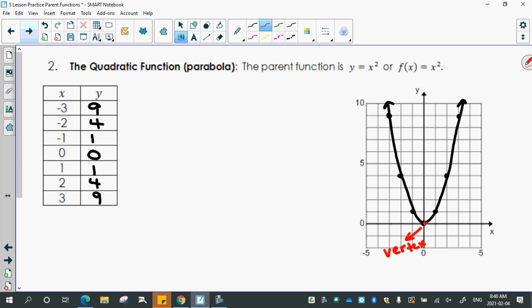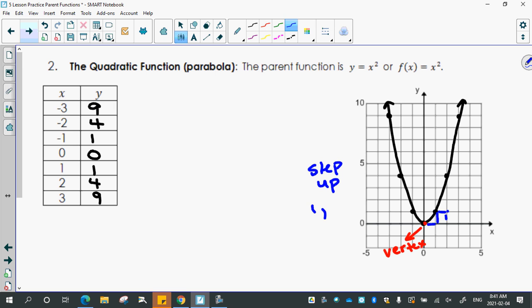Does that seem familiar to people? Okay. And then the step pattern is how you get from the vertex to the next point on a curve. So we go over 1, up 1. Okay. So our step would be up, because we're going upwards, and our first step up is 1.